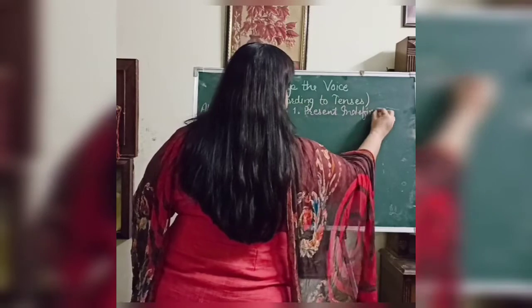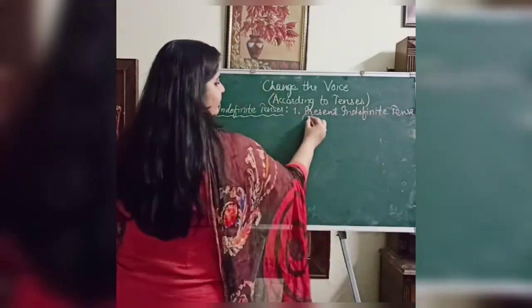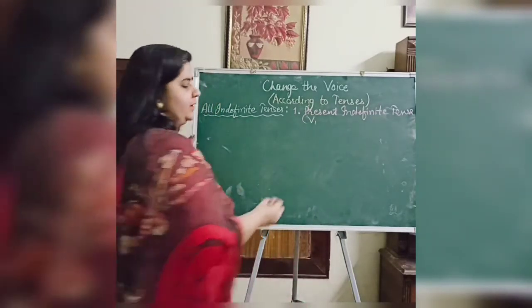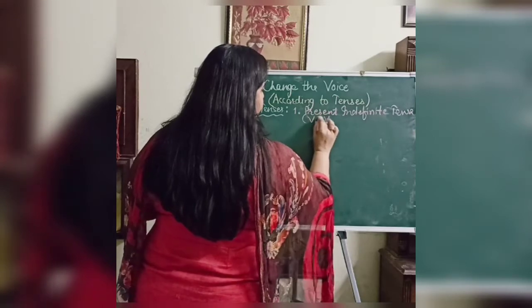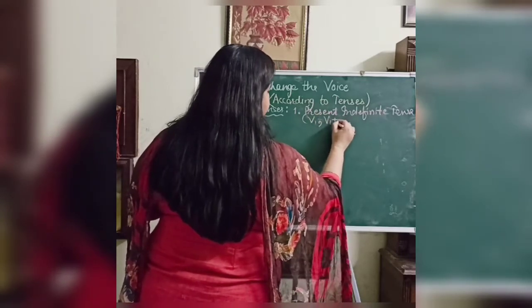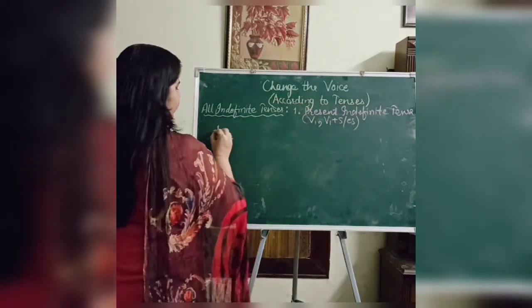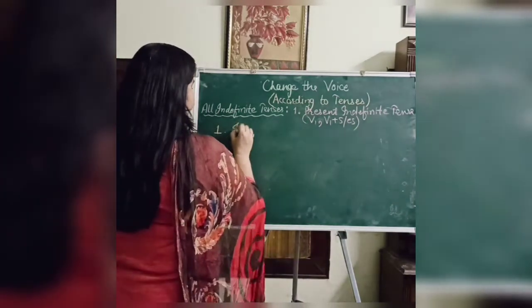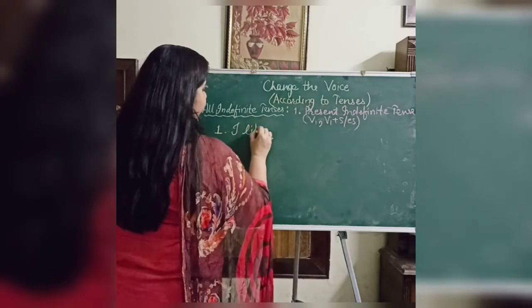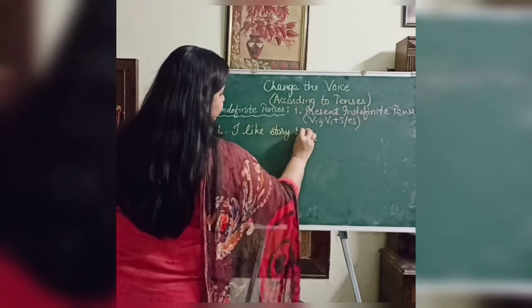Dear students, you know that in present indefinite tense, we always have the first form of the verb, and that can be with S or ES. Let's understand through examples. First example, in active voice we can have a sentence, I like story books.